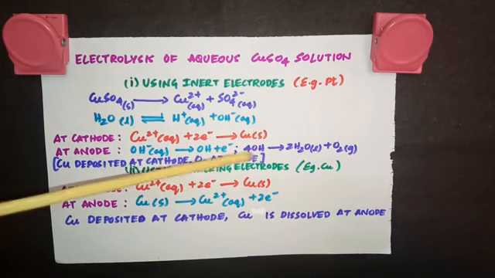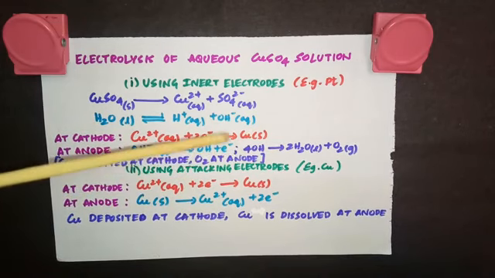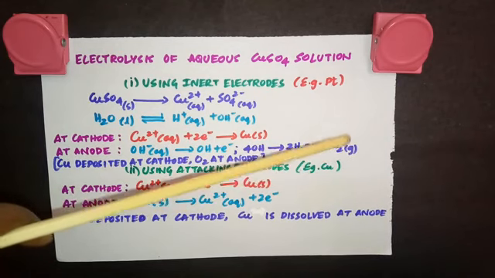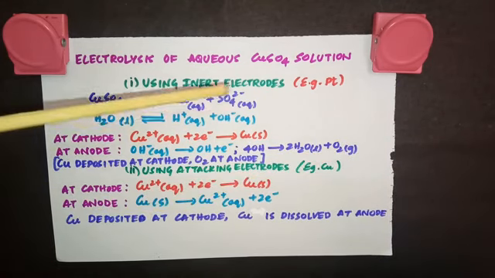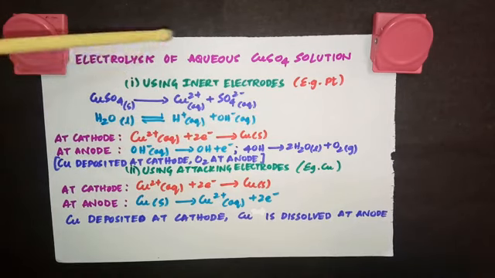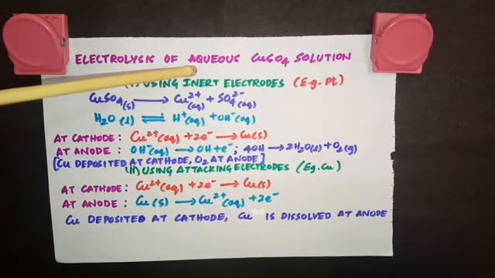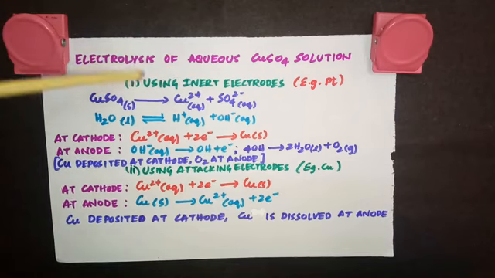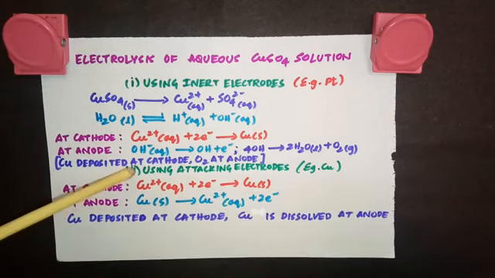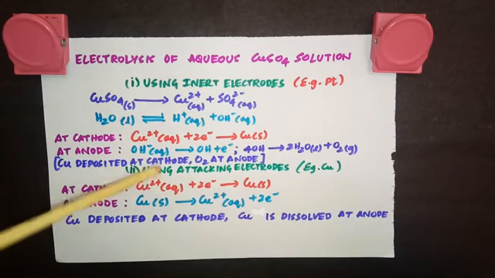The overall reaction is 4OH- giving 2H2O liquid plus O2 gas. So oxygen is liberated at the anode and copper is deposited at the cathode when you electrolyze an aqueous solution of copper sulfate using inert electrodes. Now coming to the second type, using attackable electrodes.